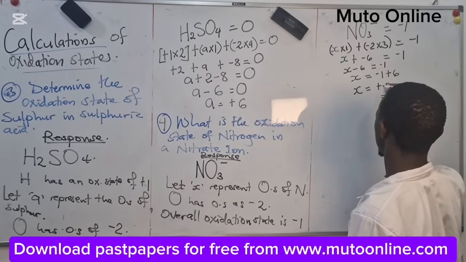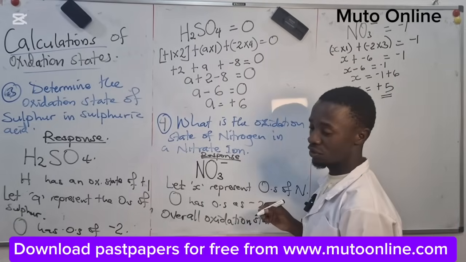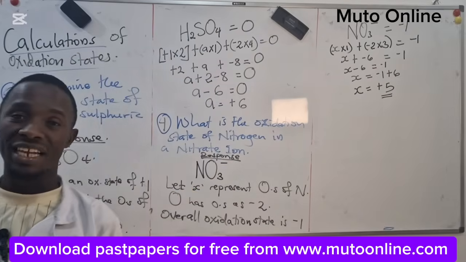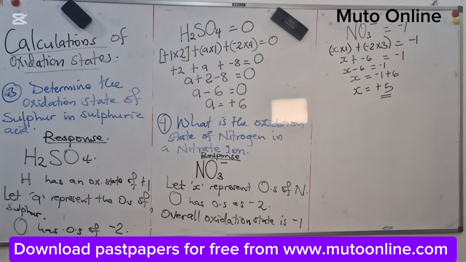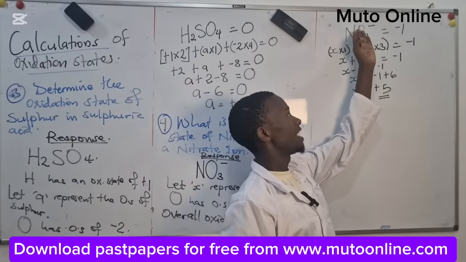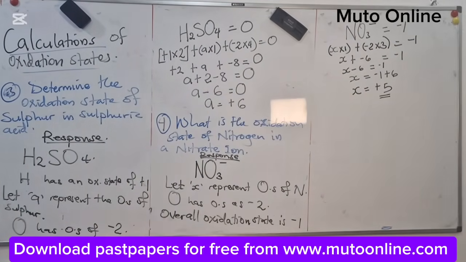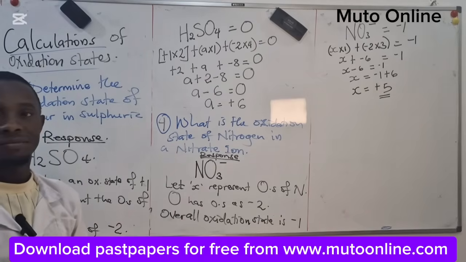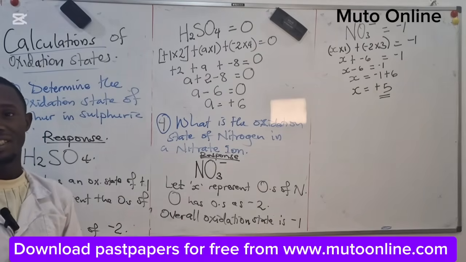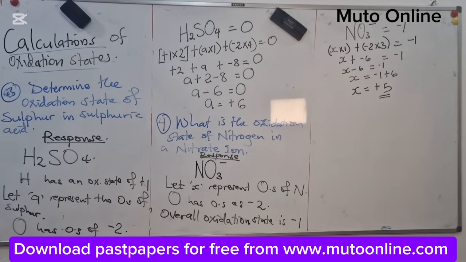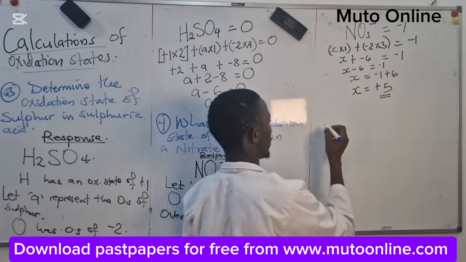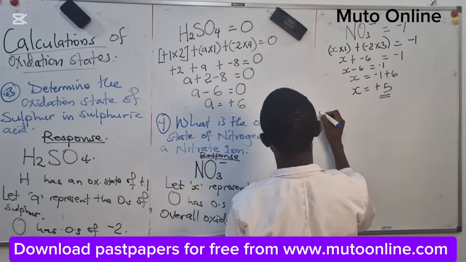Members, the charge on the number of electrons lost or gained is important. So the oxidation state of nitrogen in this nitrate ion is a +5. Let me think we are flowing. Let me give the last example, and it is example 5.